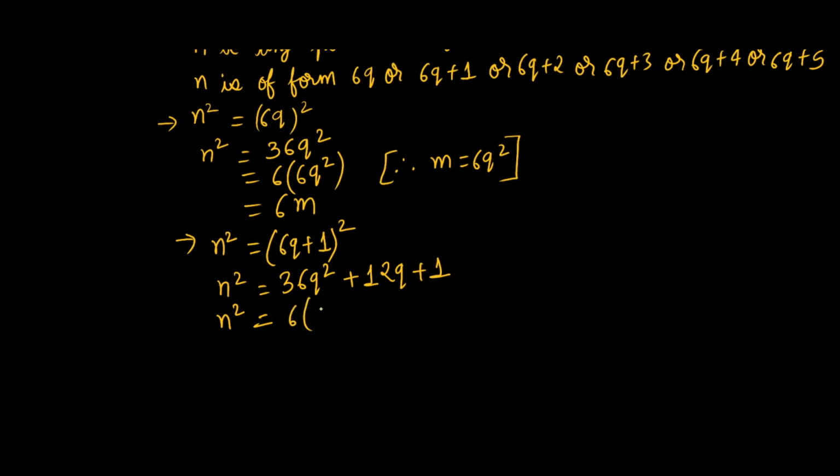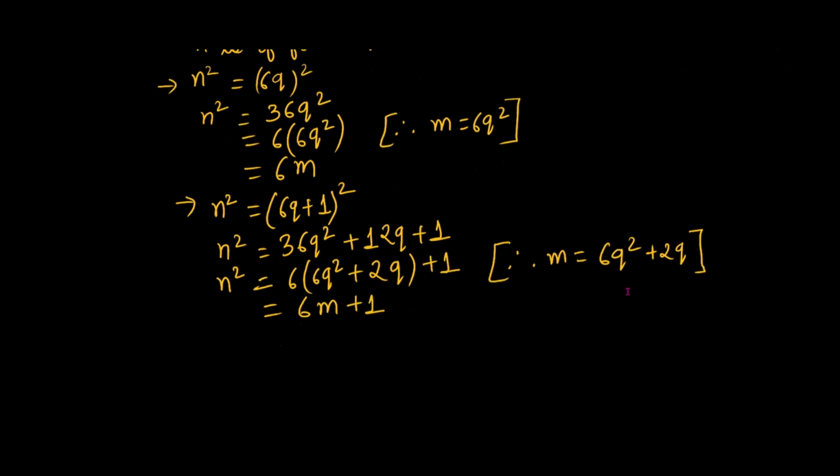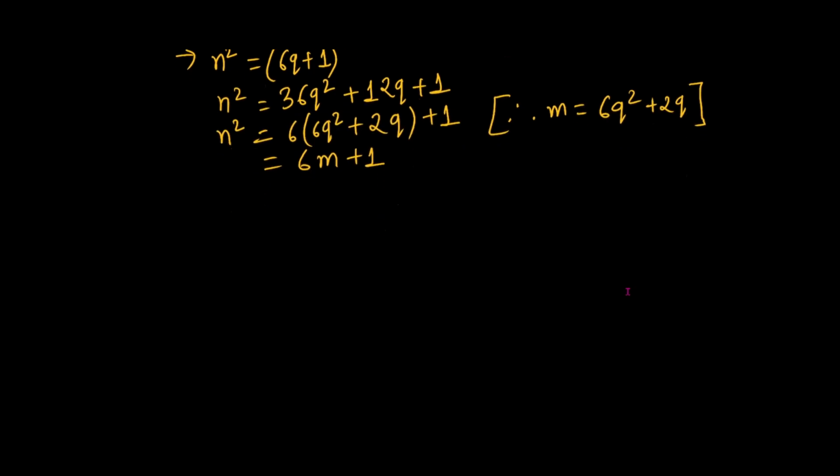So we will get 6q square plus 2q plus 1. So we can write here m is equal to 6q square plus 2q. So we can write 6m plus 1. So we got the second form.